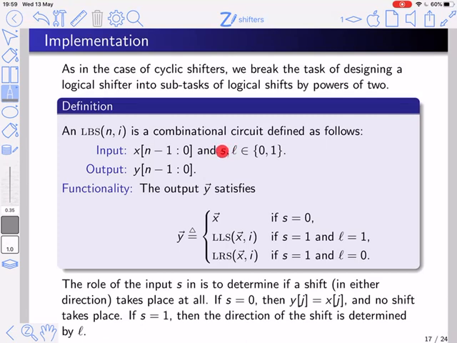One says whether you want to perform a shift at all, and the other one tells you whether the shift is to the left or to the right. And you have the output y, and the output y is simply x if there's no shifting taking place. If a shift is taking place, then L determines whether it is a shift to the left or to the right. Okay? Good.